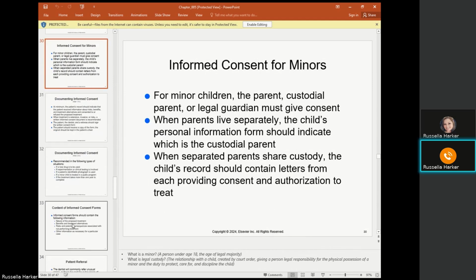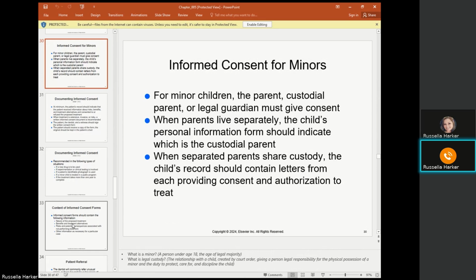With informed consent for minors, minors are children under the age of 18, and their parent or custodial parent or legal guardian has to give consent before they can be treated in the office. Here it says when parents live separately, the child's personal information should indicate which is the custodial parent.